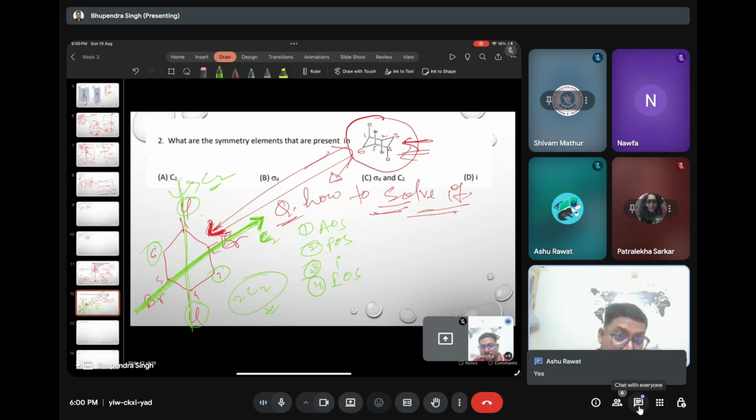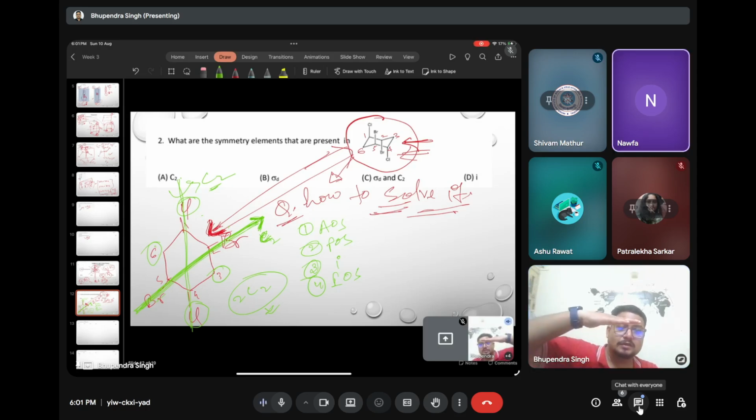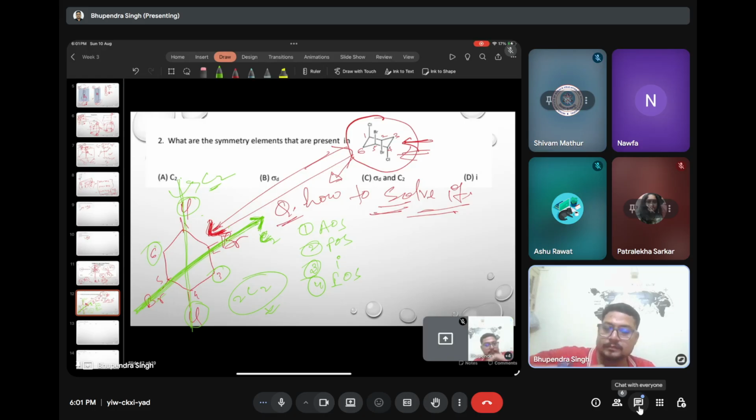Nafa, you tell me. This is your cyclic molecule and planar molecule. So if this is one C2, this is one C2, like this, in the plane only. This is planar.